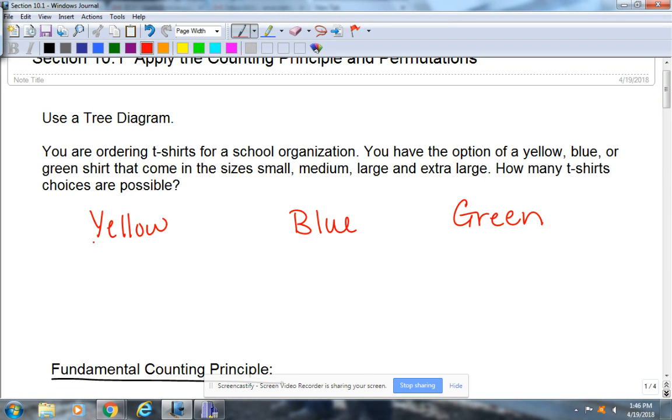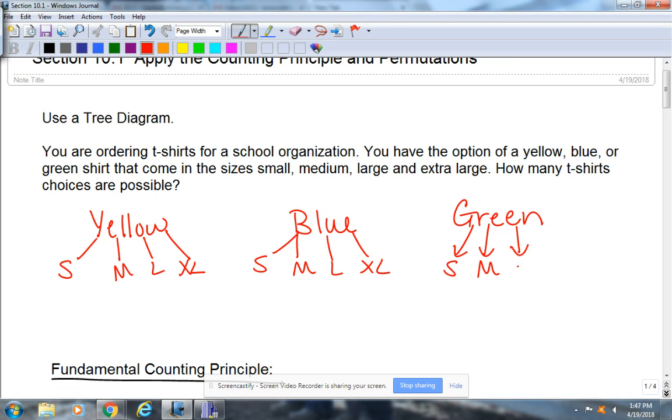I'm going to use abbreviations. So I could have blue small, blue medium, blue large, or blue extra large. Or I could have a green small, green medium, green large, or green extra large.